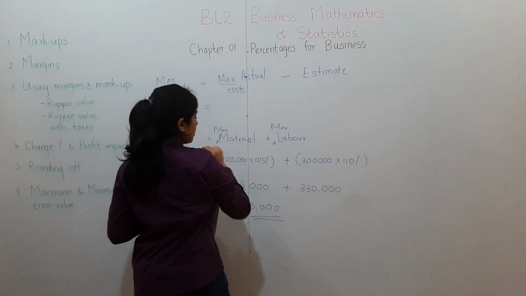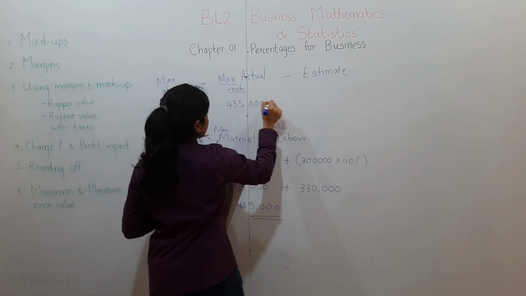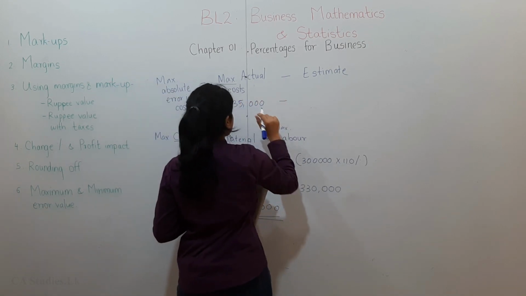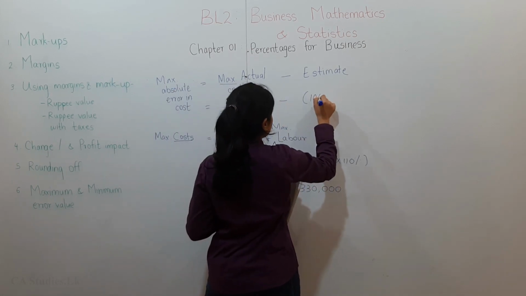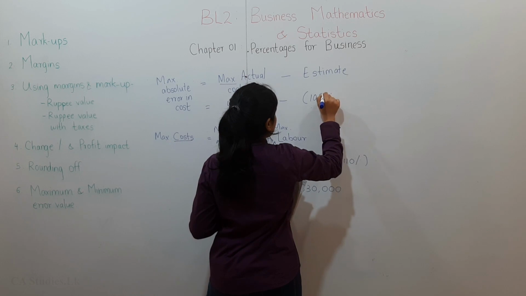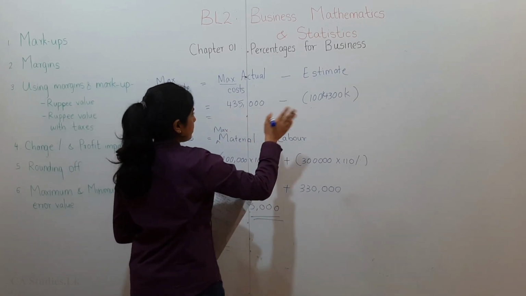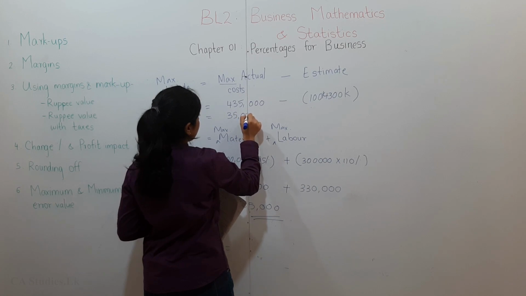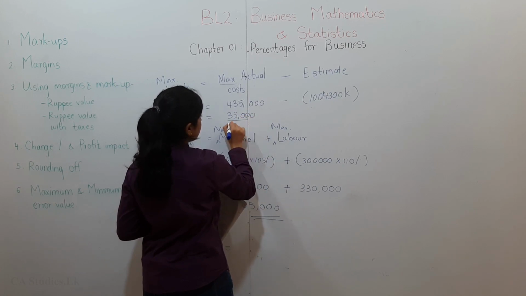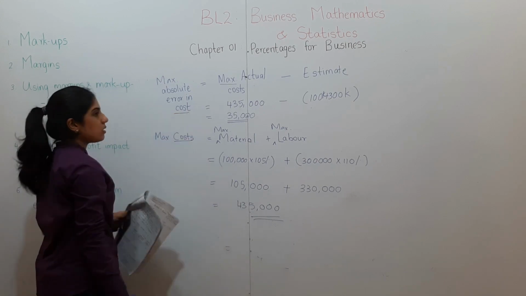Actual how much? 435,000 minus estimate, which is 100k plus 300k. How much? Therefore the total is 400,000. So maximum absolute error is 35,000. This is your maximum absolute error for cost.